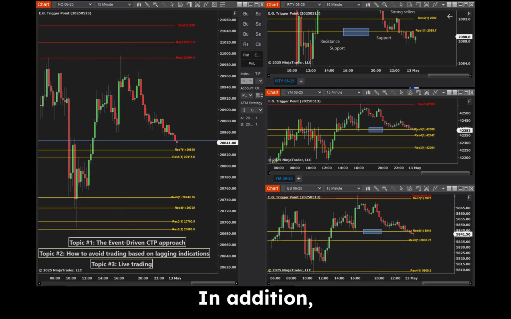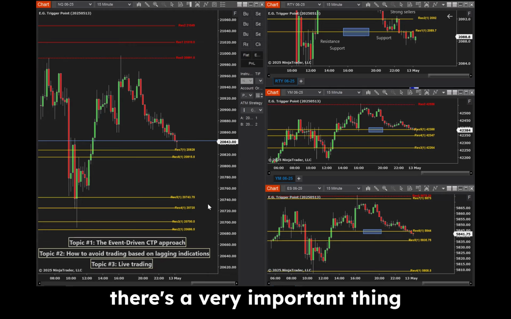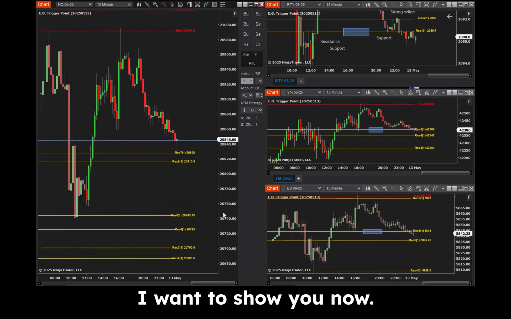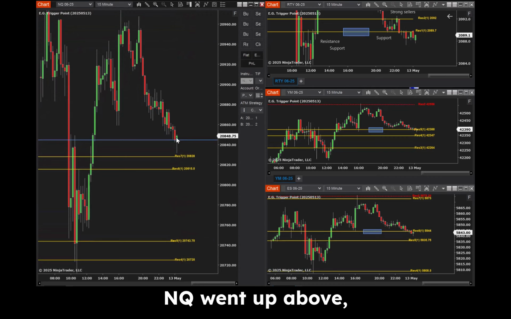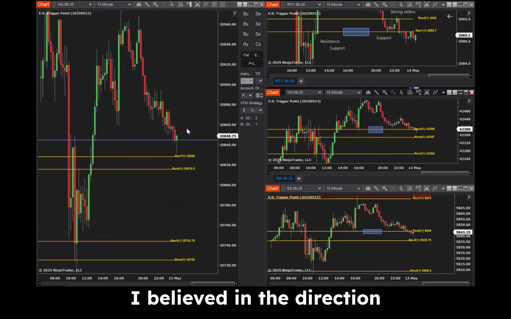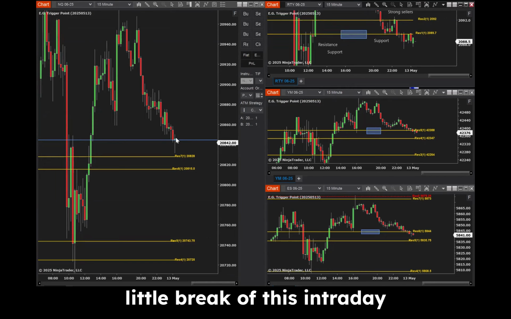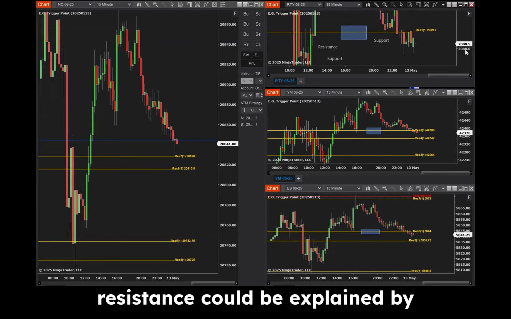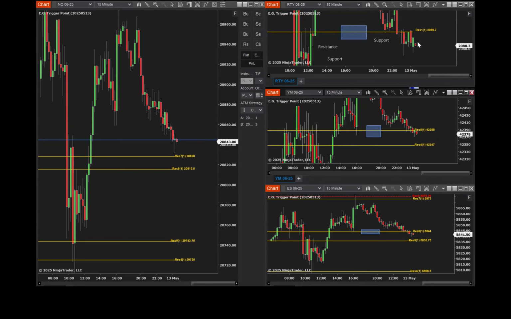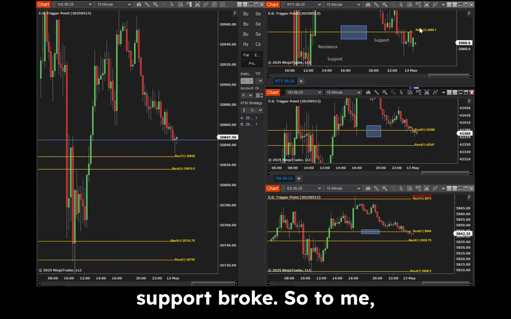Okay, in addition, there's a very important thing I want to show you. Now, NQ went up above, okay? I believed in the direction of going to the downside, so this little break of this intraday resistance could be explained by the retest I expect after this support broke, okay?